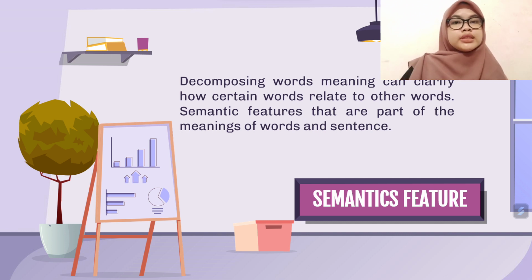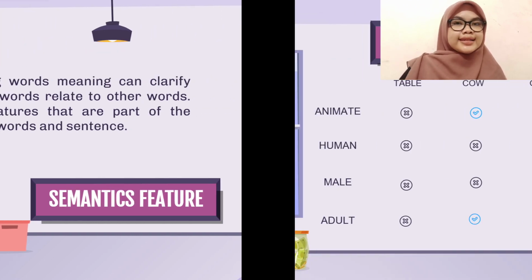So, in summary, feature semantics is a part of semantics, which is a strategy to help students understand the meaning of words. In the semantic feature, there are two analysis procedures, namely horizontal and vertical. These two procedures are called paradigmatic relation.